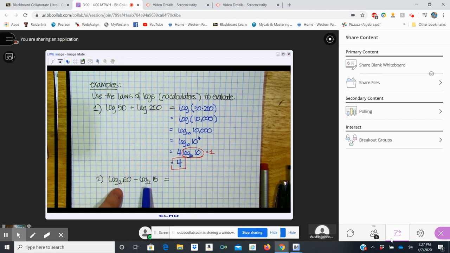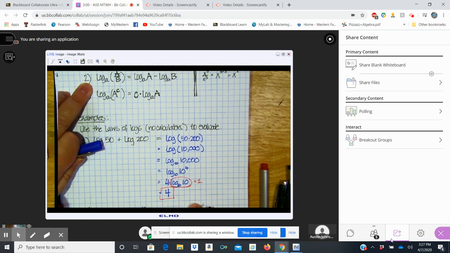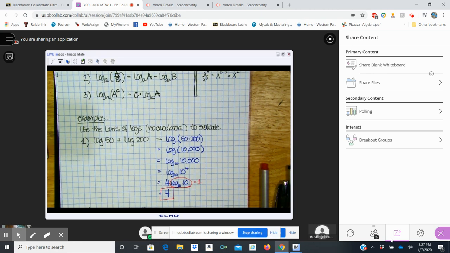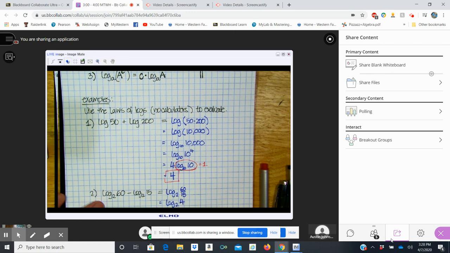But because these bases are the same, I can equate this to the second law. So this should be the same as log base 2 of 60 over 15, or log base 2 of 4.